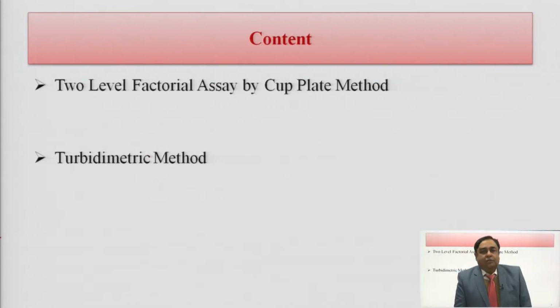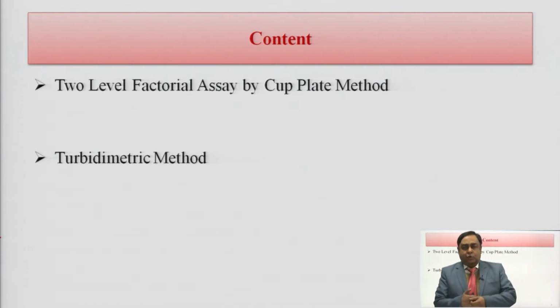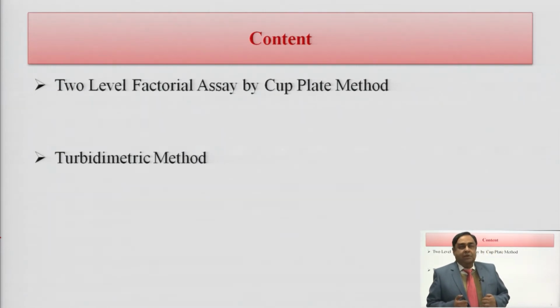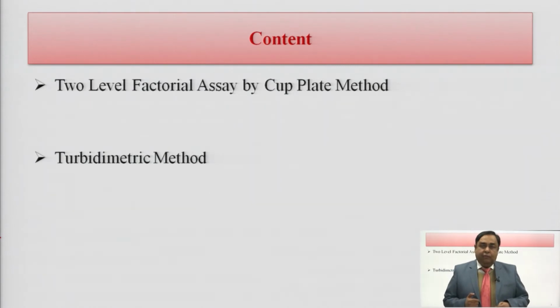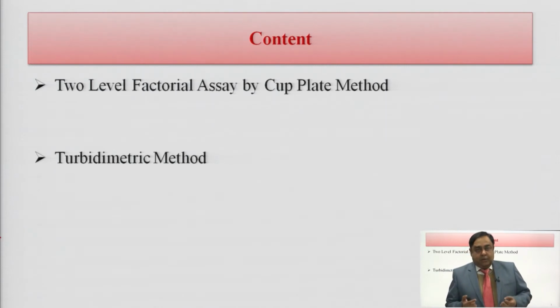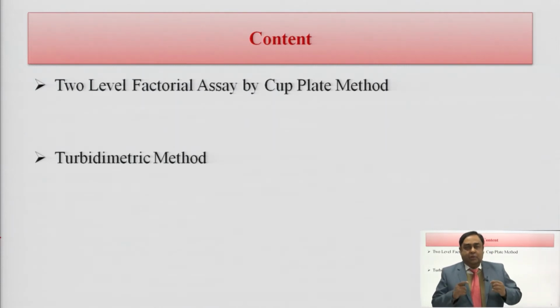Now, in the previous class, we have studied the antibiotic assay by cup plate method, and as I have told you earlier, the assay of antibiotic can be done in two methods mainly. One is called the cup plate method, where we are estimating the zone of inhibition produced by the antibiotic, we are measuring it.